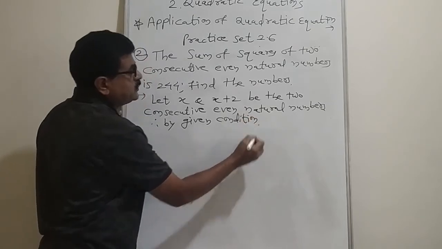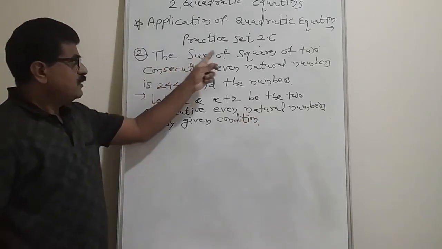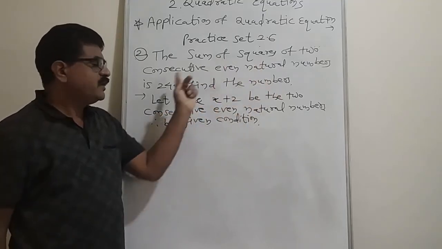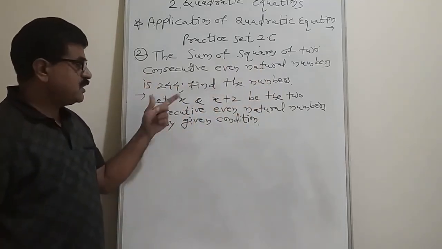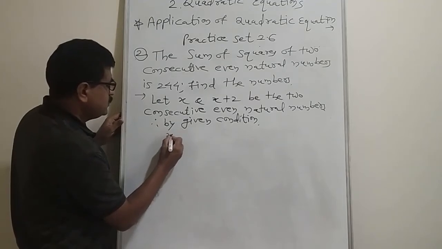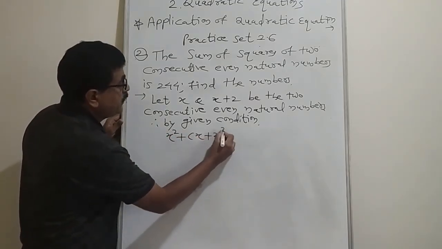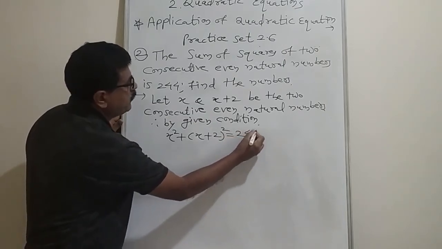Now what is the condition? We have been given the sum of squares of two consecutive even natural numbers is 244. That is, the sum of its squares, x square plus x plus 2 whole square is equal to 244.